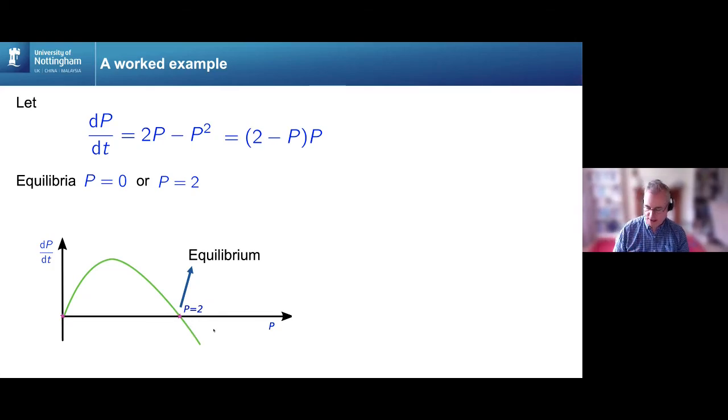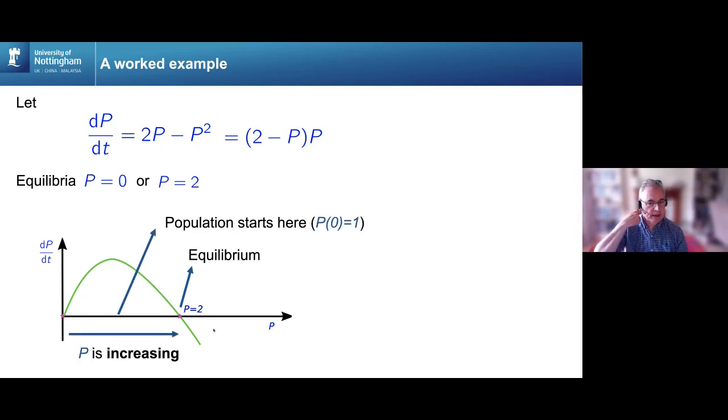Now, the initial condition in that worked example told us that initially the infected population starts off with the value p equals 1. So that's right in the middle between the two equilibria, 0 and 2. In that interval where it starts, the derivative is positive, which means that p is increasing. So on that horizontal axis, p is moving from left to right. And as it goes rightwards, the rate of change stays positive, but it gets smaller.